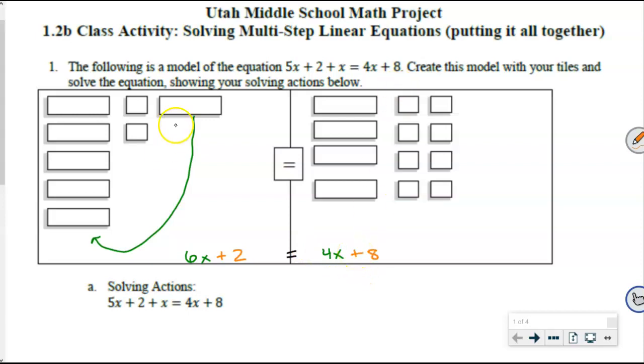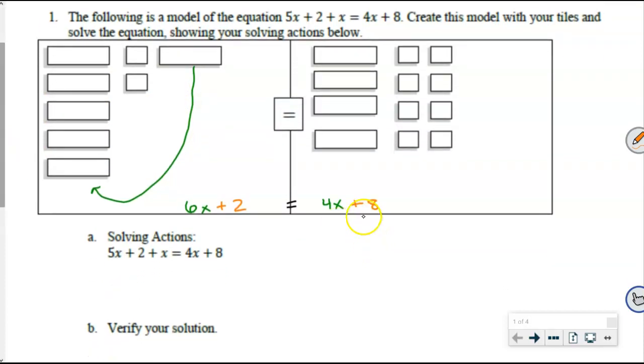And now with one single step where we simplified this left-hand side, we now have an equation that looks a lot like what we did in our last lesson, where now we can start moving the variable so that instead of a variable on each side of the equation, we can limit ourselves to just one variable. And what that's going to look like both with our models and with our algebraic solving steps, I'm going to get rid of these 4x tiles.